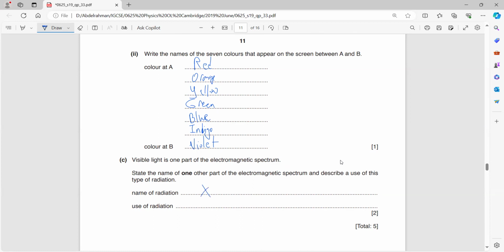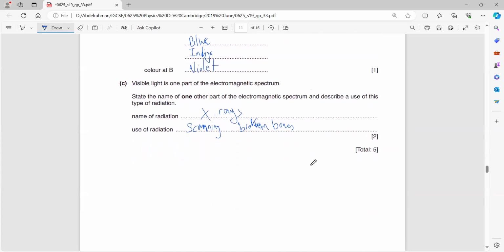What is the use of this radiation? I can say scanning for broken bones, or metal detectors. Broken bones scanning. Okay, good.